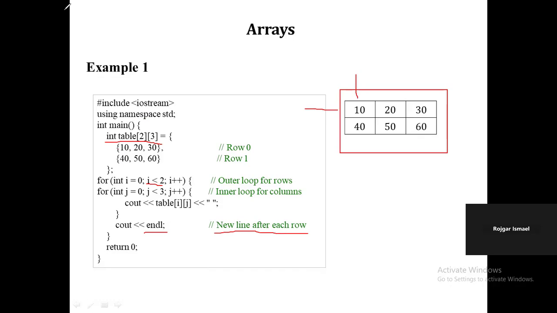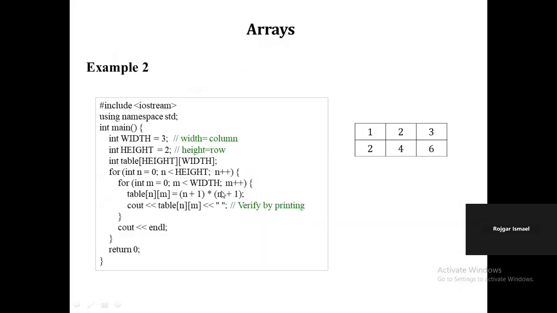Let us erase this one, then continue. Again, this is the same type of multidimensional array, we just change the declaration, instead of integer table 2 and 3, I here wrote integer table height and width.